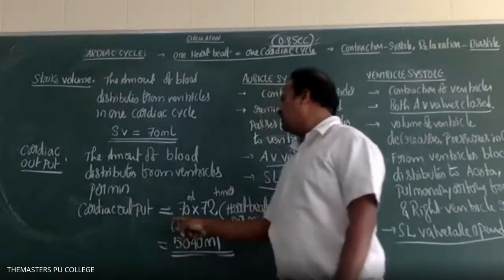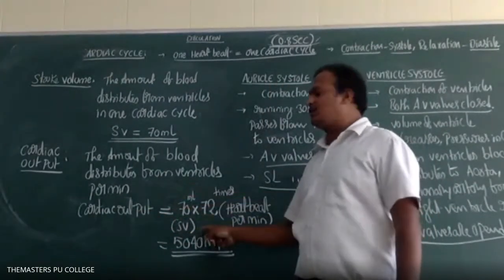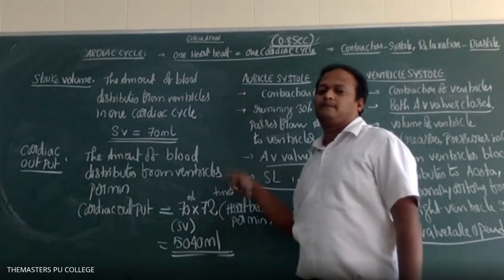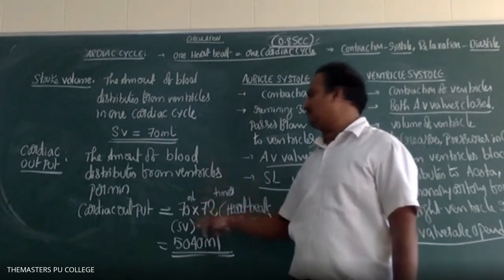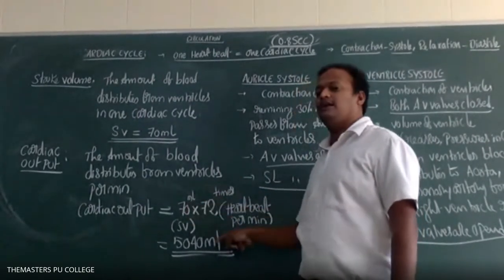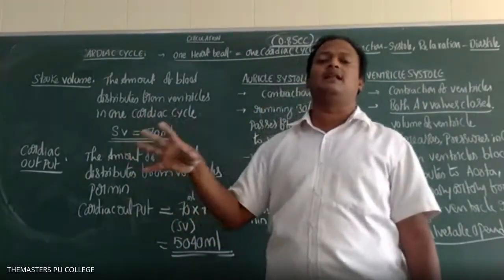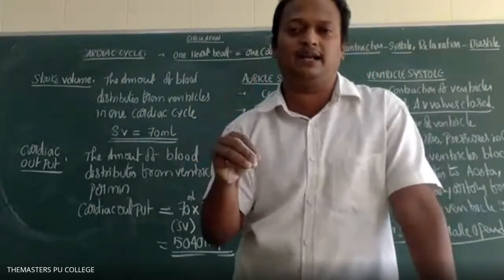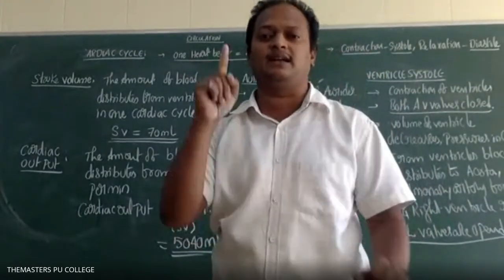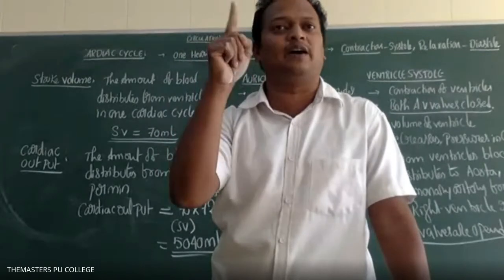So cardiac output equals stroke volume into heartbeats per minute. So 70 ml into 72 times. That is 5040 ml. 5 liters of blood is distributed from the ventricles in the span of 1 minute.